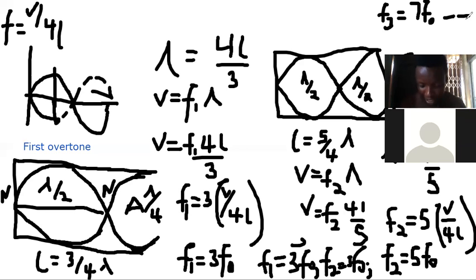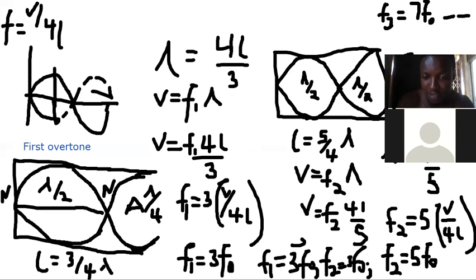And so you realize that it is the integral multiple. The overtone which has a frequency which is an integral multiple of the frequency of the fundamental mode of vibration is called the harmonic. Realize that the rest of the series are integral multiples of this.